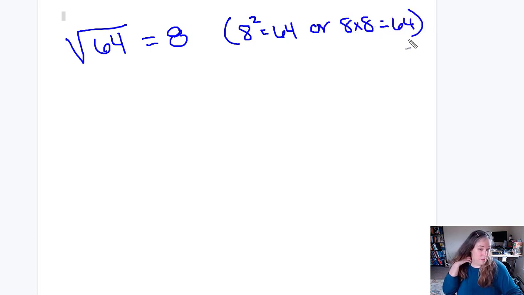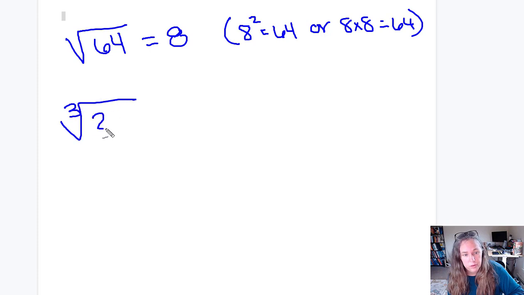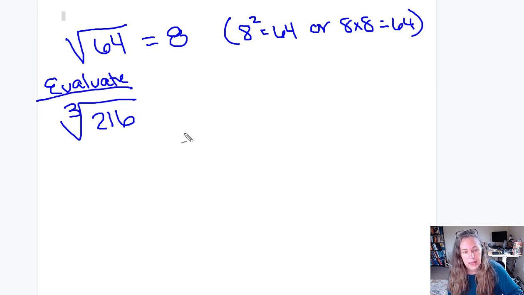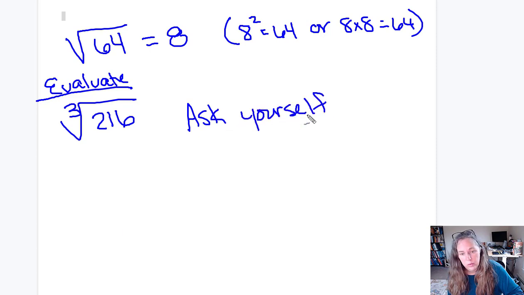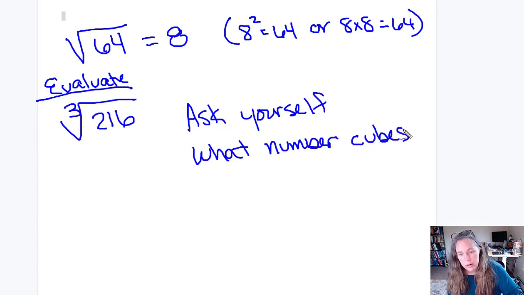Okay, the same with cube roots. So if you see a problem that says the cube root of 216 and you need to evaluate that, you're going to ask yourself, what number cubed, or what number to the third power, is 216?